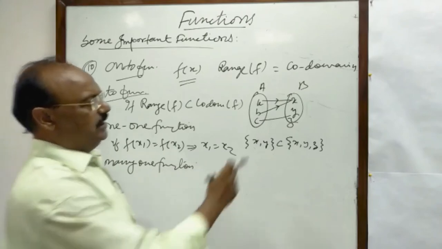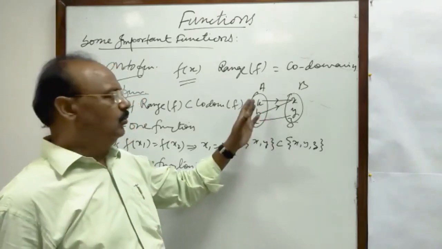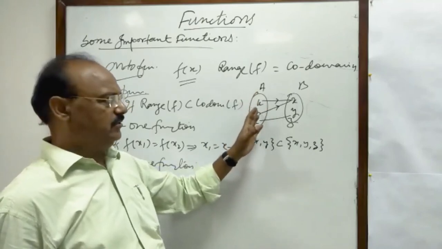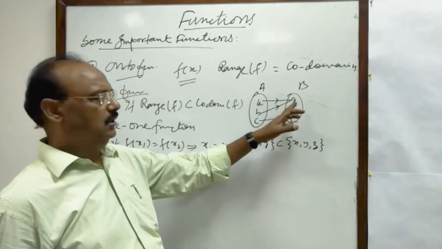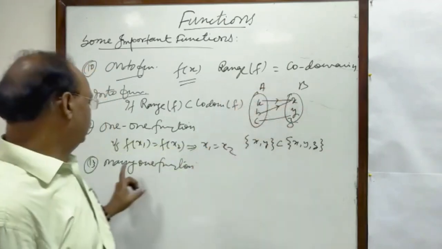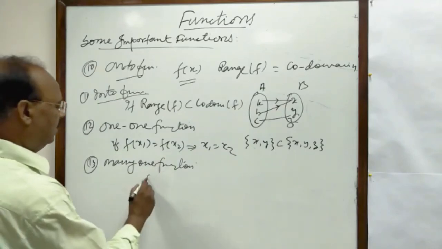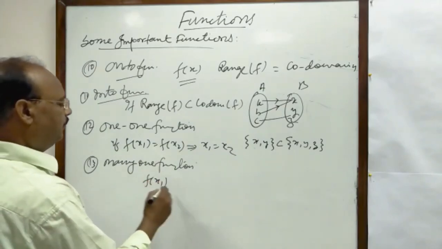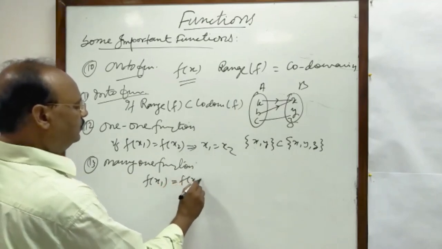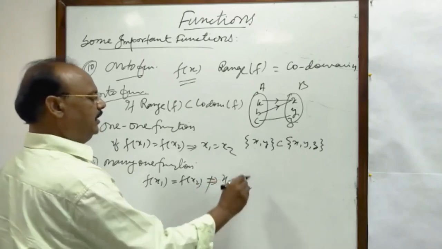So clearly this is an example of a many-one function, because here more than one element of set A is associated with one element of set B. I mean many elements are associated with one element, so this is known as a many-one function. In this case, f(x1) is equal to f(x2) doesn't imply x1 is equal to x2.